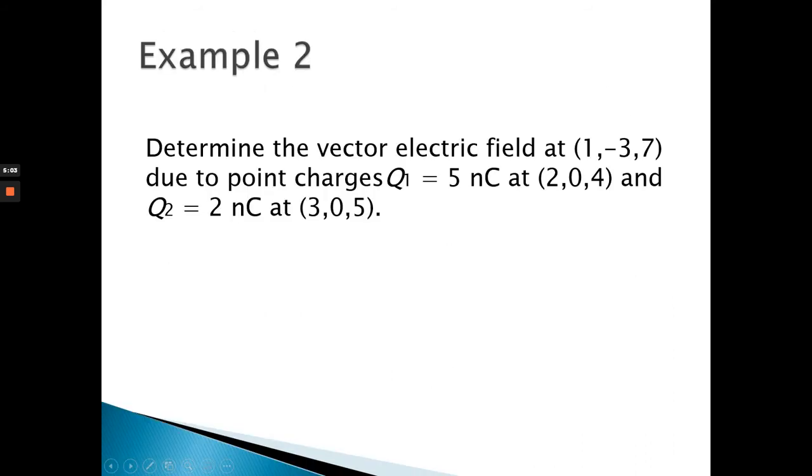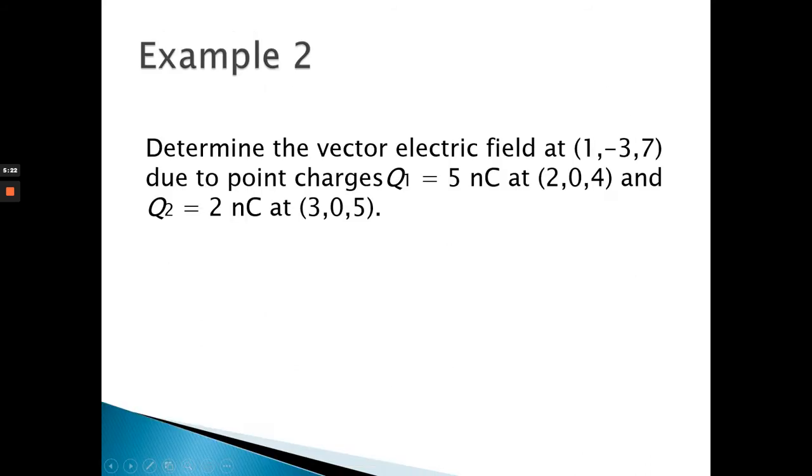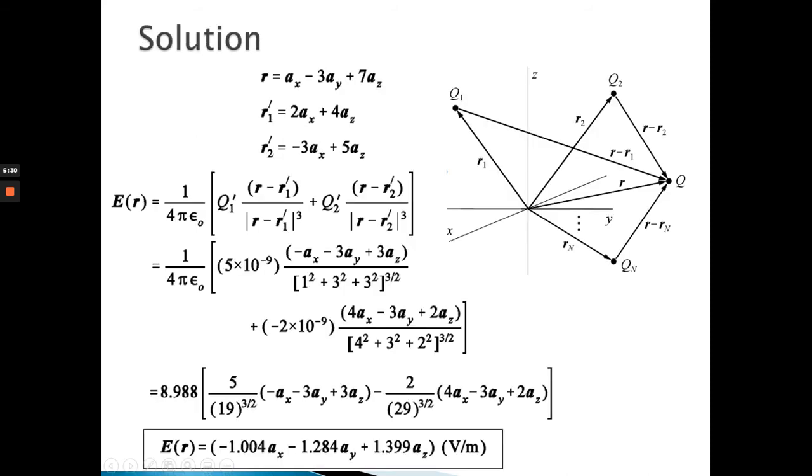The point here is 1, -3 and 7. As we know, we don't need Q to calculate the electric field, we need only Q1 and Q2. So R is AX minus 3AY plus 7AZ, right?